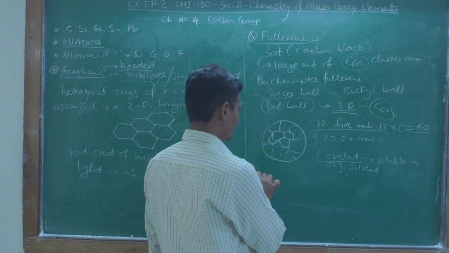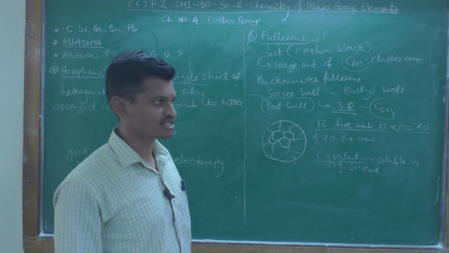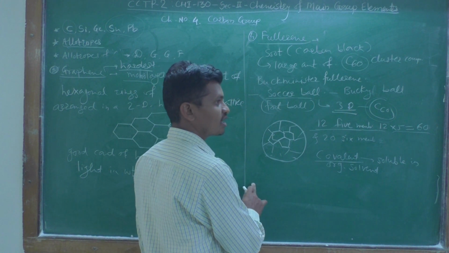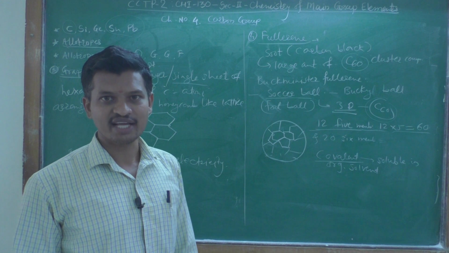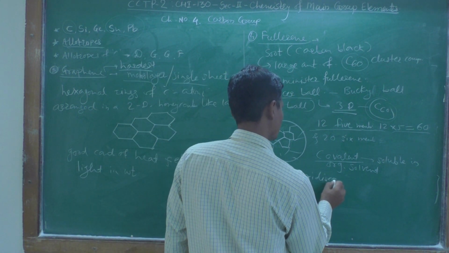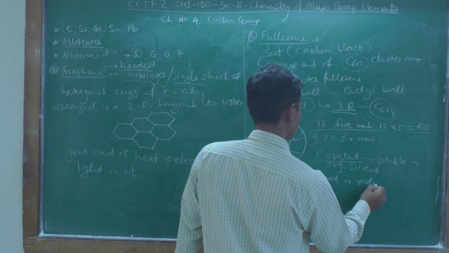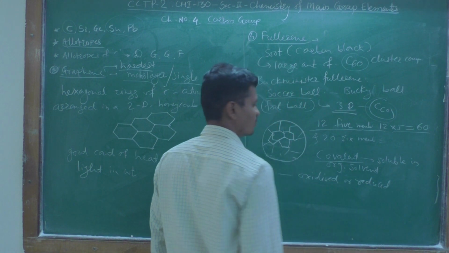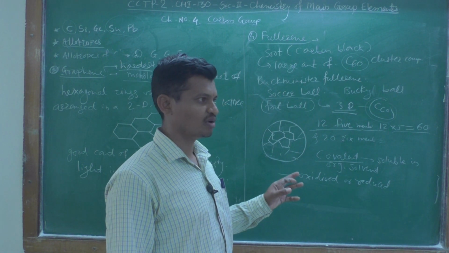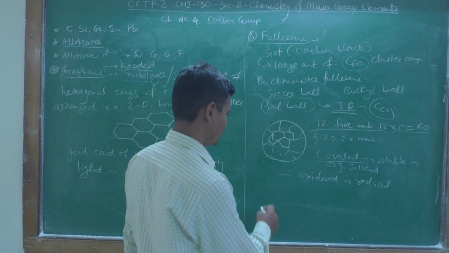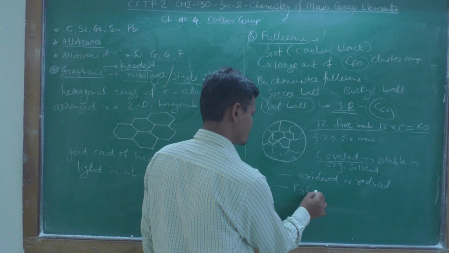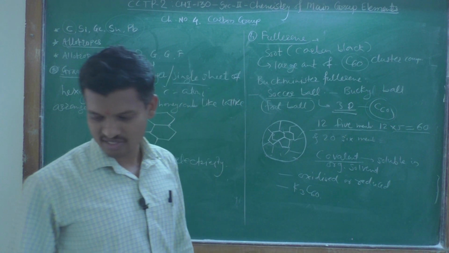Then these C60 carbon clusters or Buckminster fullerene molecules can be oxidized or reduced. When they undergo reduction, they form a clathrate compound with alkali metals, forming K3C60.